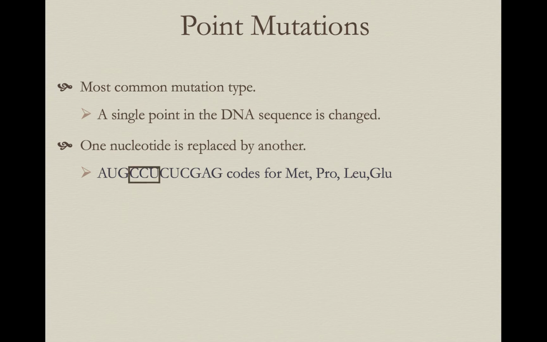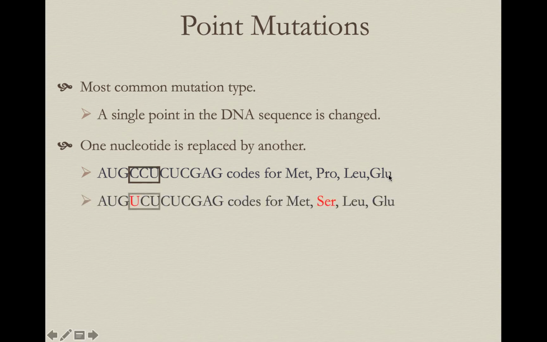So an example here, I have a messenger RNA strand where the second codon is CCU, and that would code for these 4 amino acids. If, however, you replace that C with a U, I'm looking at it from the messenger RNA strand position here. Ultimately, the change would have been a little bit upstream in the DNA.